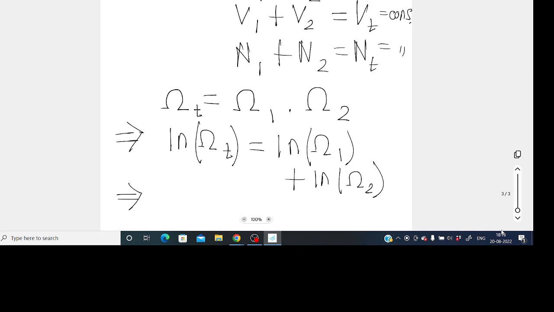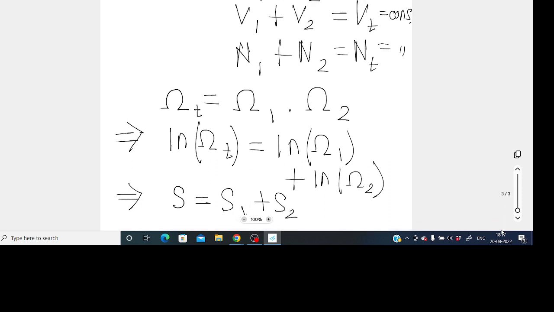I have told before that log of omega is equal to S by Kb. Here Kb, the Boltzmann constant, is a constant. So the total entropy of the system is equal to S1 plus S2, the entropy of the first subsystem and the entropy of the second subsystem, the sum of these two things.